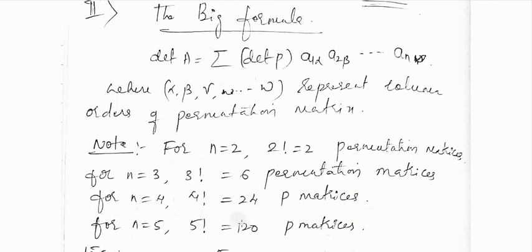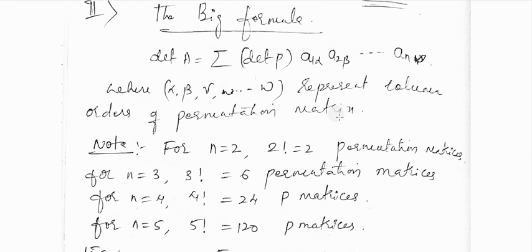So what does this big formula say? Determinant of A is equal to summation of determinant of P times A1 alpha, A2 beta, and so on, ANW, where the suffixes alpha, beta, gamma, and so on W represent the column orders of the permutation matrix.